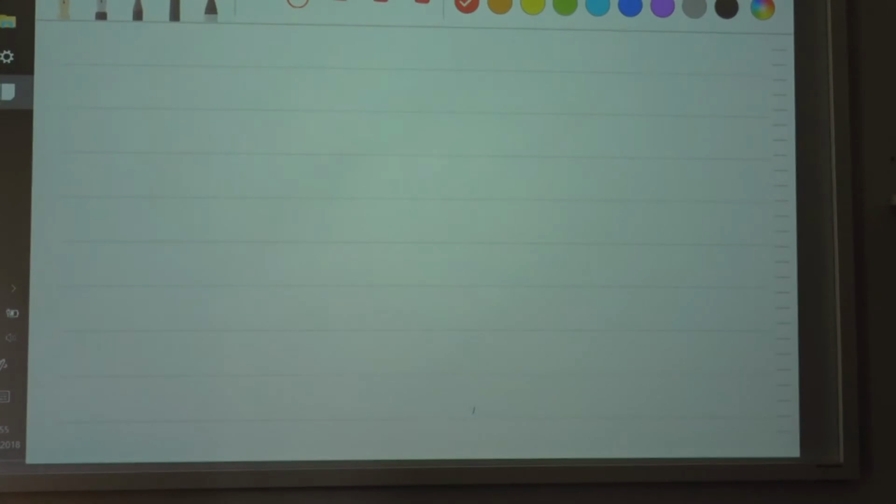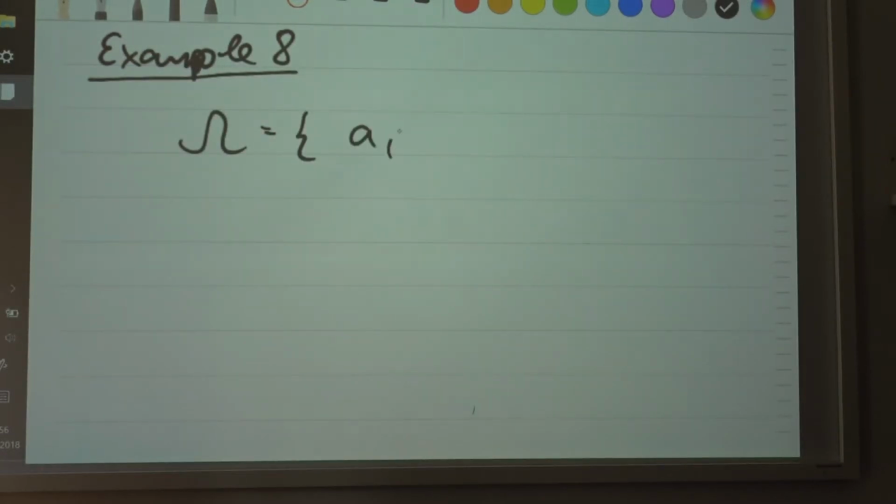Let's consider an example, and this will be example number 8. Then you understand what a countably additive function is. Suppose that omega consists of the elements a, b, and c.